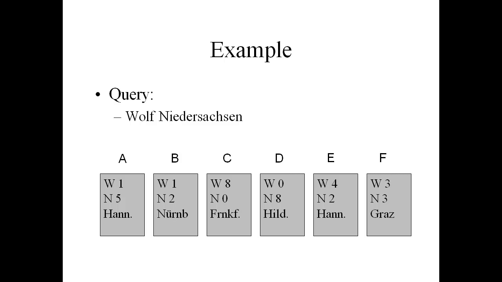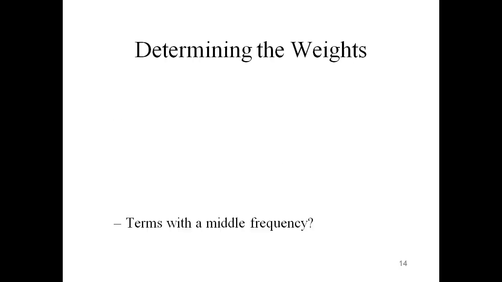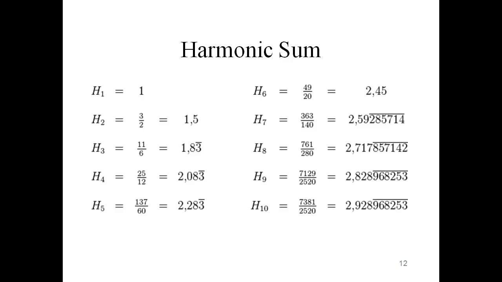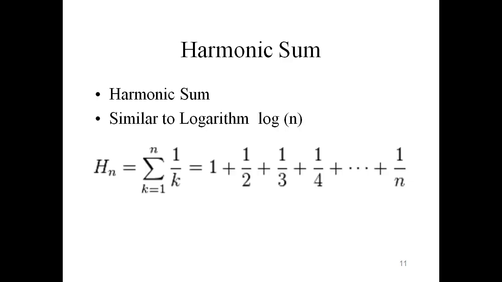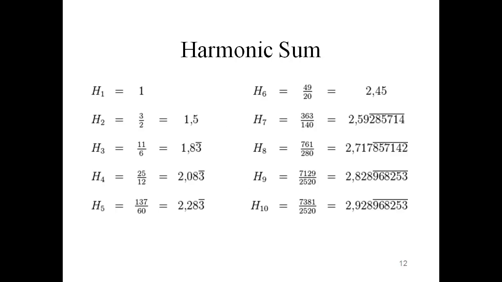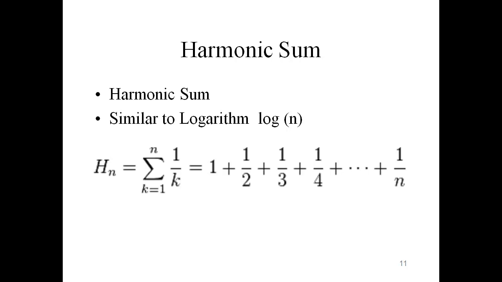Anyway, so further questions? Feel free to, yes. We calculate the weight with the logarithm normally, but we use the harmonic sum. So if we have occurrences, the first counts fully, the second counts half, the third counts 1/3, the fourth 1/4.